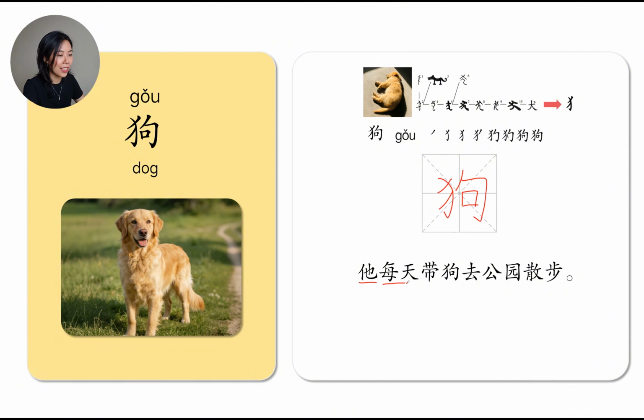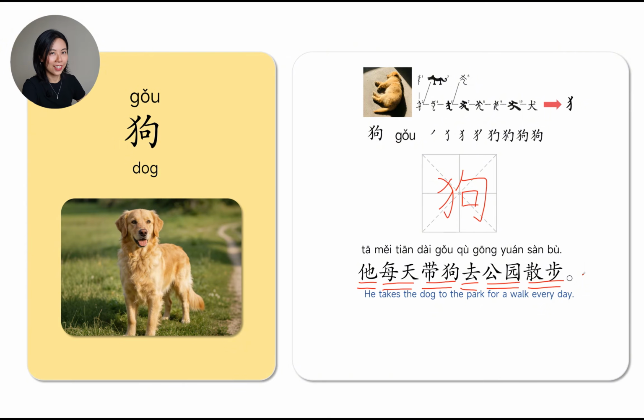他每天带狗去公园散步。He takes the dog to the park for a walk every day. Let's see. 他 is a he.